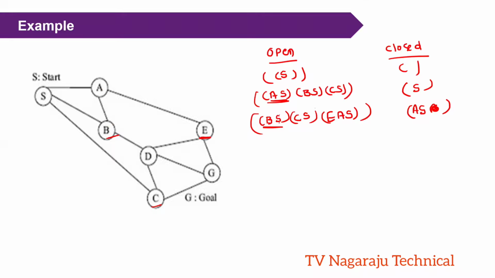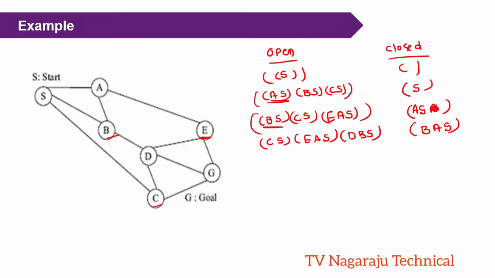Suppose I want to expand this one. Write down as it is: CS, EAS. Now, which one do you want to expand? B. So the unvisited neighbor is D only. Suppose D, B, S. Now B is added to the closed list.